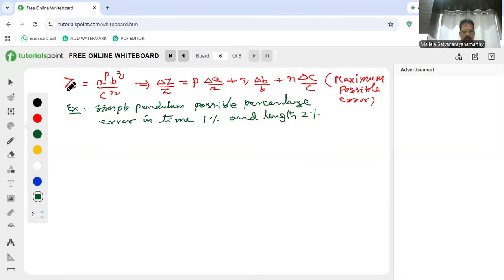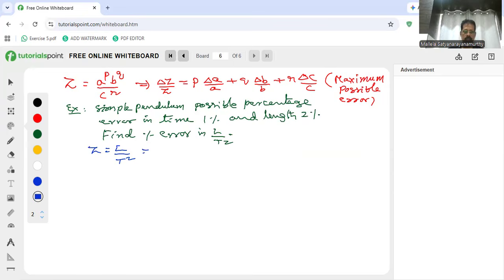Find the percentage error in L by T square, let it be. They are asking this problem. So that is equal to L by T square.